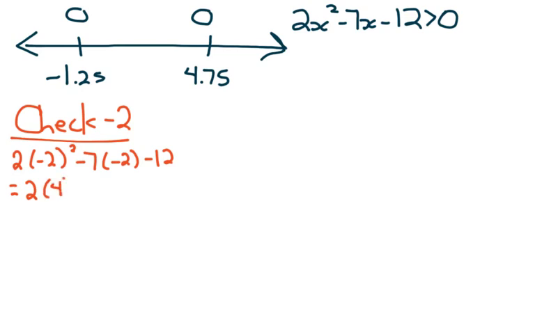We end up with 2 times 4 plus 14 minus 12, which ends up being 8 plus 14 minus 12, which works out to 10. 10's a positive number, so anything in this region here is positive.